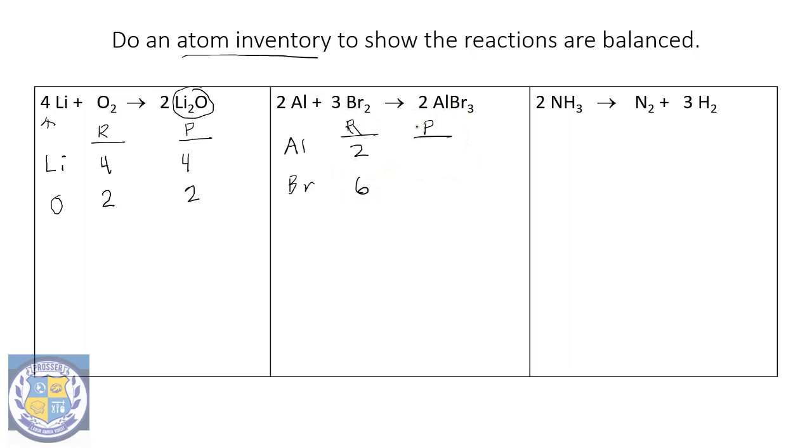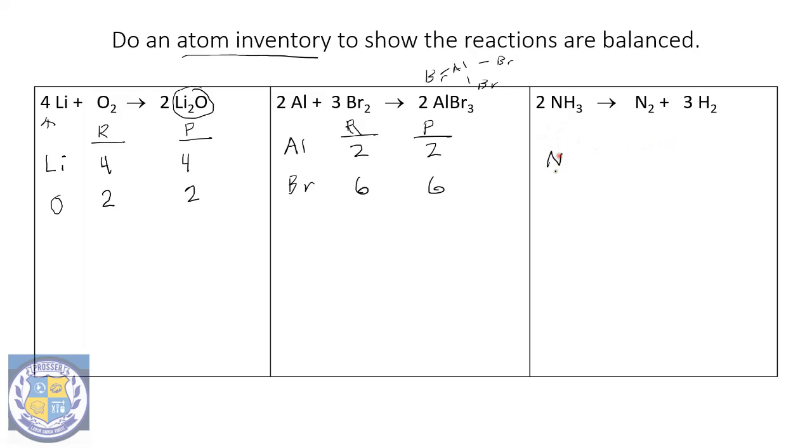On the other side, there's 2 of these molecules, right? Aluminum, and then 1, 2, 3 bromines. But there's 2 of these, so there's 2 aluminum, 2 times 3 is 6 bromine. Okay, let's try one more.